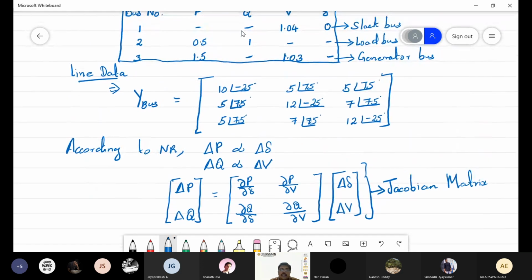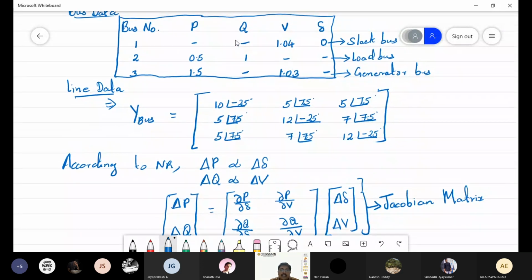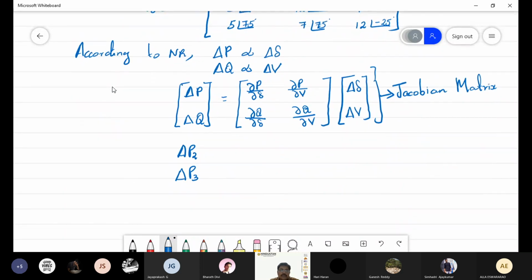You can see that at bus 2 there is a Q, and at bus 3 there is no Q. Therefore, one more term, that is the change in Q2, at bus 2. So this will be the left hand side.